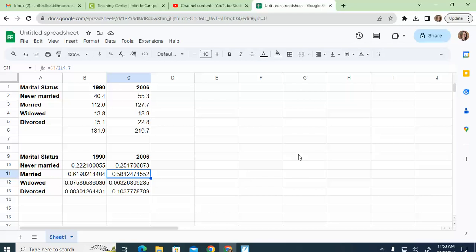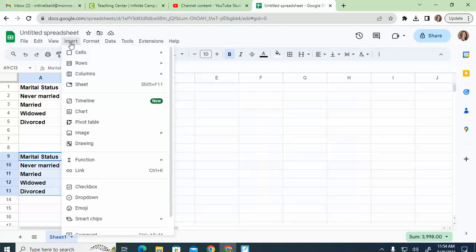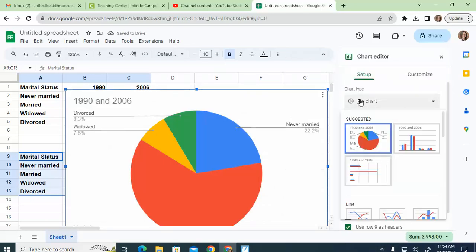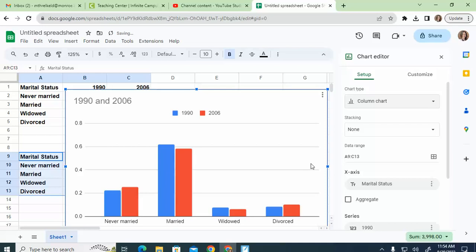We still have the option to just do these on a calculator and type in all the numbers. This just saves us a little more time if we have a lot of data. So I want you to highlight all of the relative frequency stuff, including my words, and go to insert a chart. It tries to guess what I might want. I don't want a pie chart. I want a bar graph. Then it gives me a side-by-side distribution.